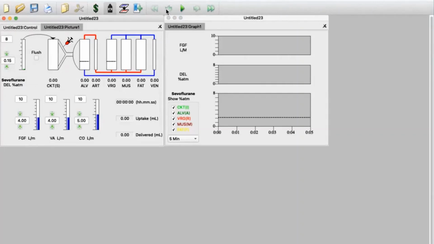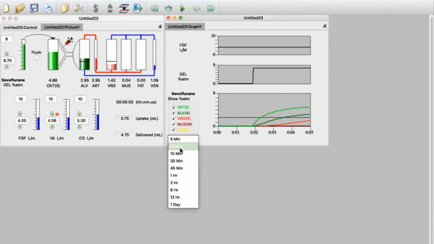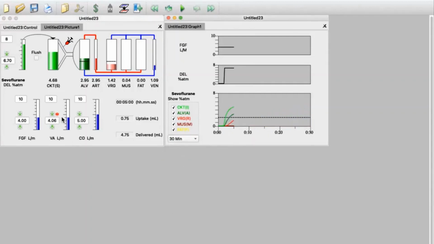And as we begin the anesthetic and turn up the vaporizer, we see inspired rise and alveolar rise and vessel-rich group rise. And all of this has happened over the first 5 minutes, which will extend out for a longer period of time, and continue this anesthetic, being smart enough to turn down our vaporizer, to hold the patient at approximately the dotted line of 1 Mach in the vessel-rich group.